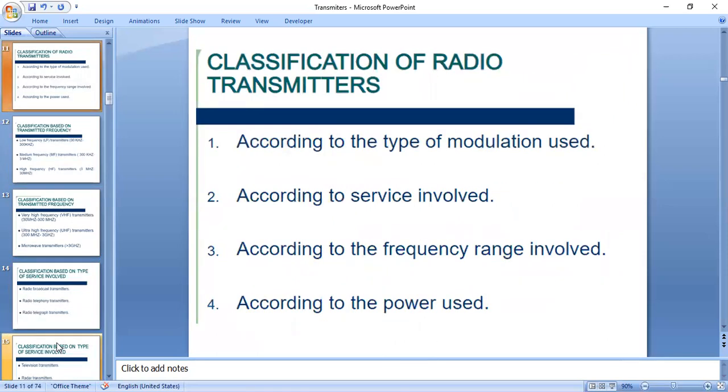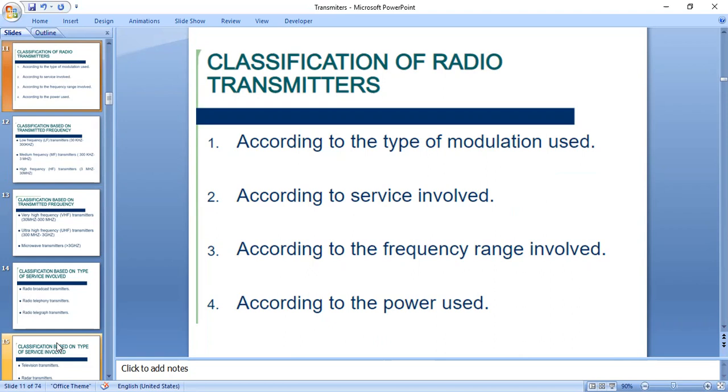We can classify these transmitters into different types: according to the type of modulation technique we use, according to the type of services and applications, according to the frequency range involved, and according to the power used. According to the modulation technique, we can classify radio transmitters into AM transmitters and FM transmitters.